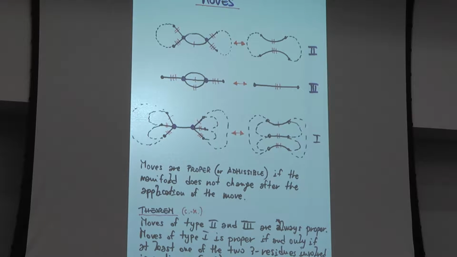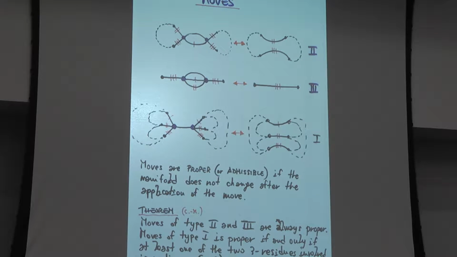In the non-closed case, it's not true. First of all, in order to perform this move, the 1-dipole move, you should check that at least one of these 2 residues, there are 2 involved, this and this, is a sphere.